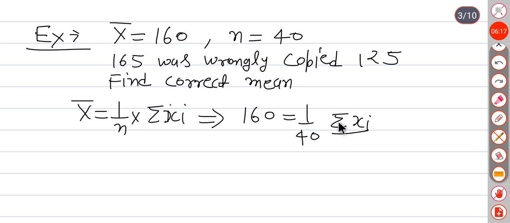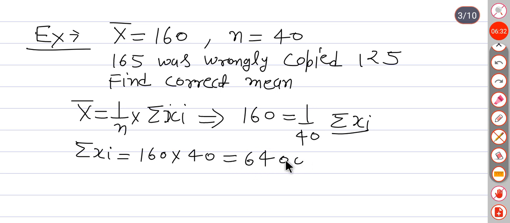So this summation would be equal to 160 into 40, that is 6400. Now this is the incorrect value.